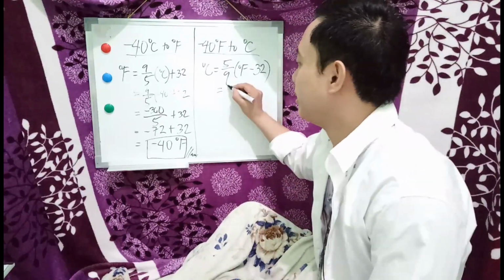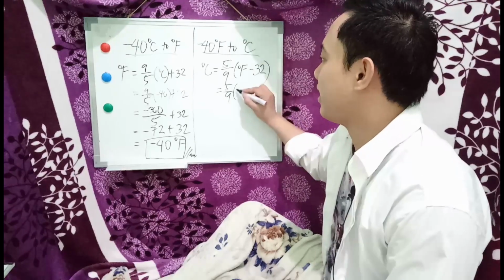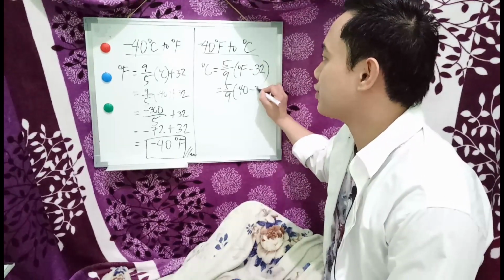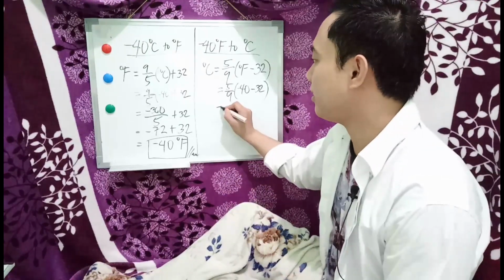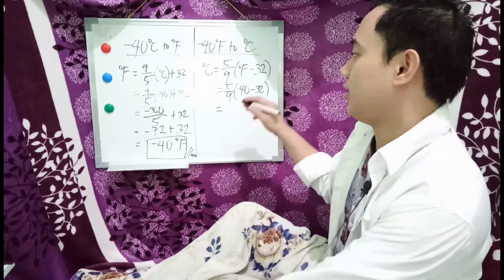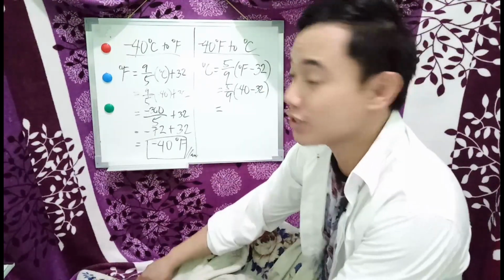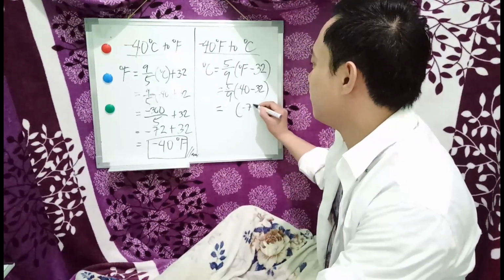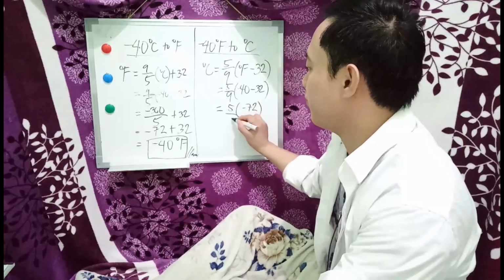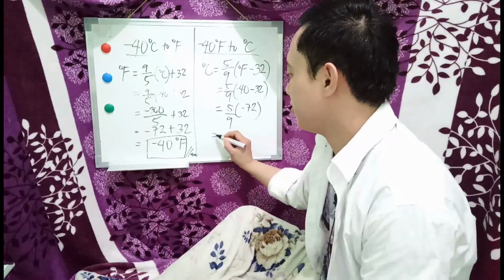So, mangyayari, magiging 5/9, negative 40 minus 32. Negative 40 degree Fahrenheit minus 32. And then, nangyari, negative 40 minus 32 is equal to negative 72. Negative 72 times 5/9.